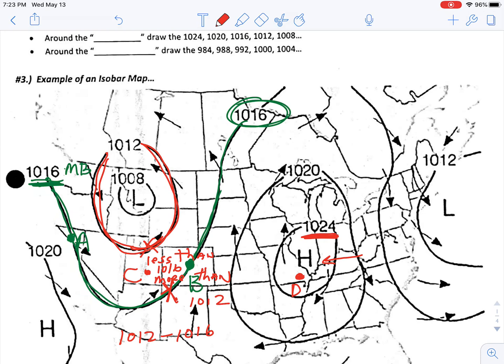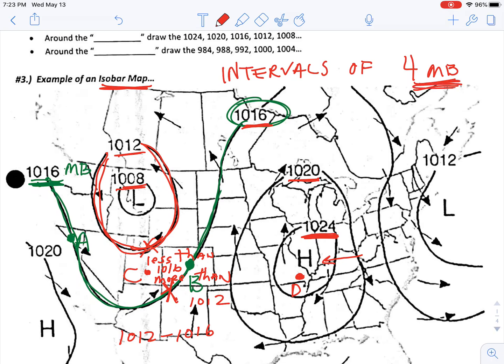When I look at this, I see that this is 1020, this is 1024, and then it goes to 1016, and then 1012, and then 1008. These are in intervals of 4 millibars. What you're going to notice when you look at an isobar map is that all of these lines are going to be in 4 millibar increments.